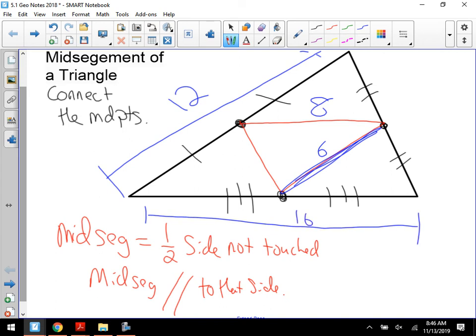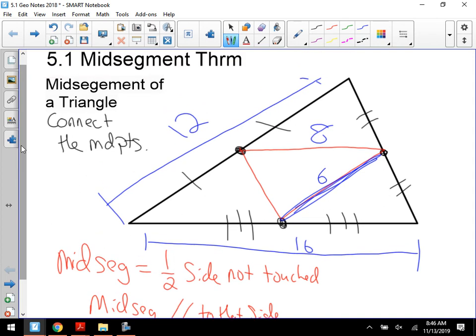Alright? If this is a midpoint, and the whole thing is 12, what is each individual part? 6s, okay?